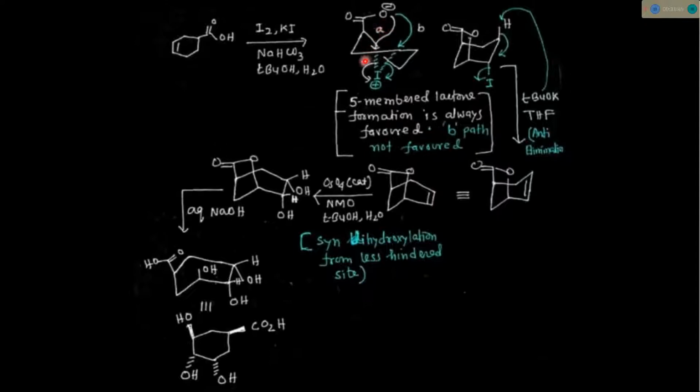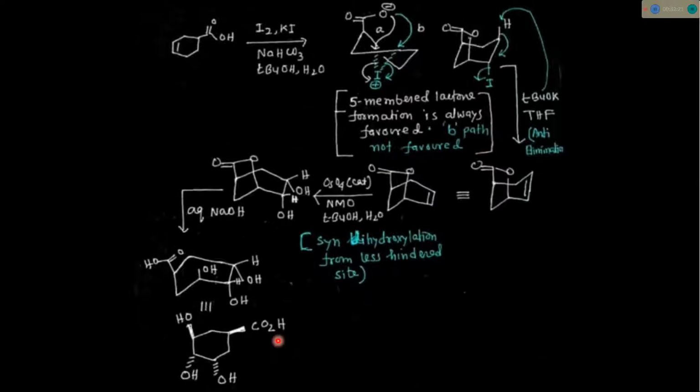The second point is that a 5-membered ring will form, not a 6-membered one, since 5-membered ring formation is more stable, as we all know. And the dihydroxylation will occur on the double bond from below, not from up, because on the upper side there is this group, or this ring, so steric crowding will be there. So from the less hindered side, syn dihydroxylation will occur. After that, just hydrolysis. So this is the product.